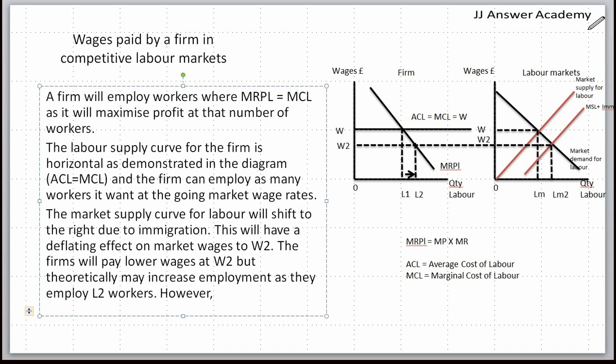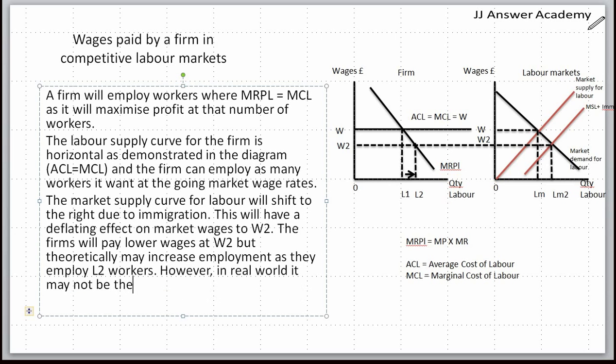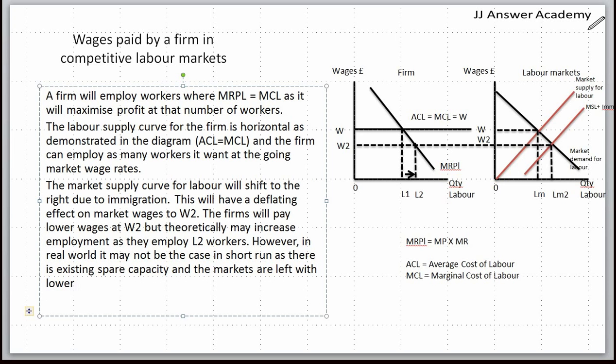However, in the real world, it may not be the case in the short run, as there is existing spare capacity, and the markets are left with lower wages and higher unemployment.